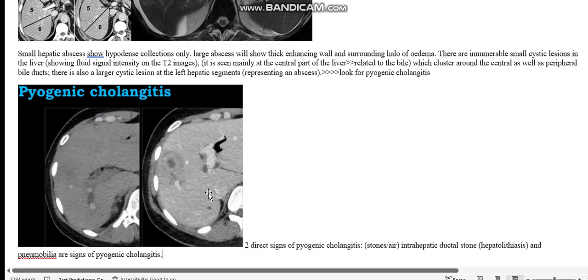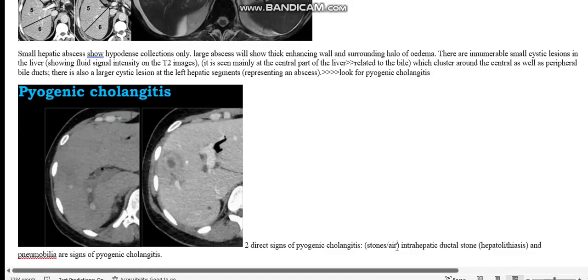The direct signs of cholangitis are the presence of stones or air inside the intrahepatic bile ducts, which means that this duct is infected.